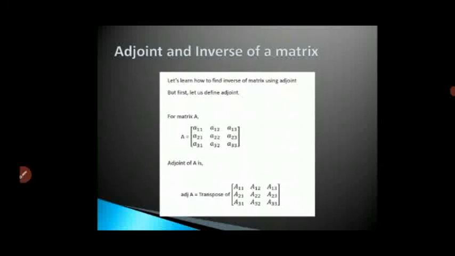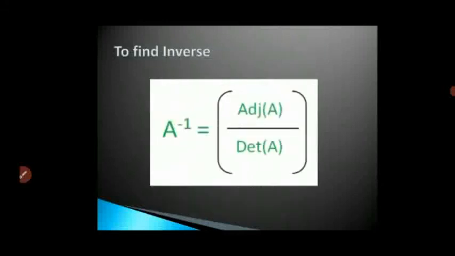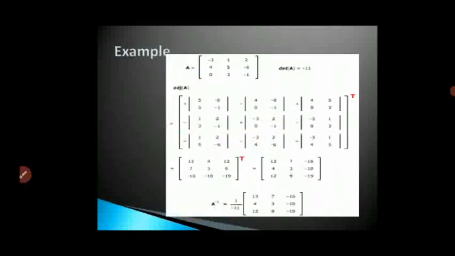Let us learn how to find the inverse of a matrix using adjoint. But first of all, let us see what is adjoint of a matrix. It was nothing but the transpose of the cofactors. Now to find the inverse, you can see very clearly it is written A inverse is equal to adjoint of A upon determinant of A. Here is the example.